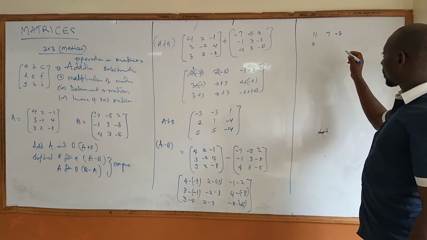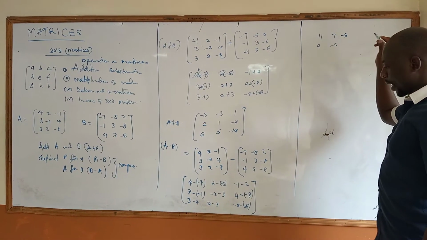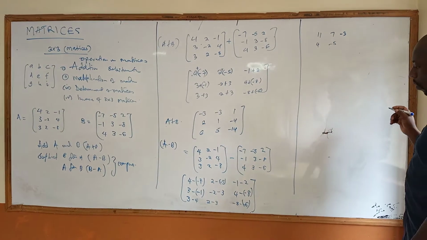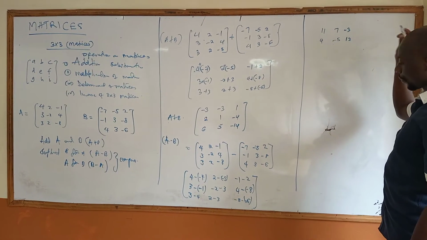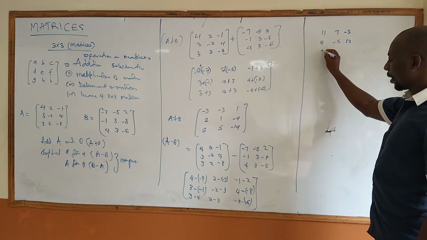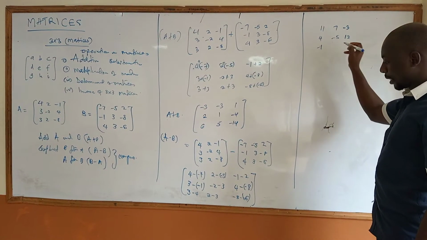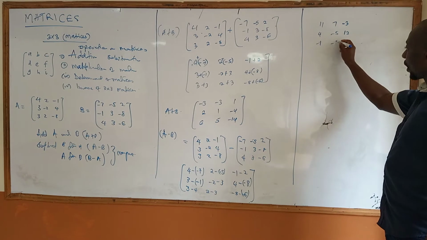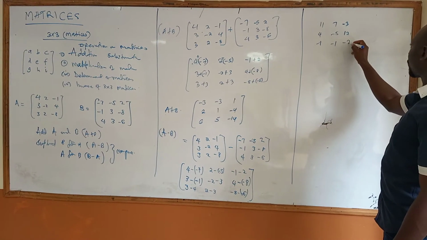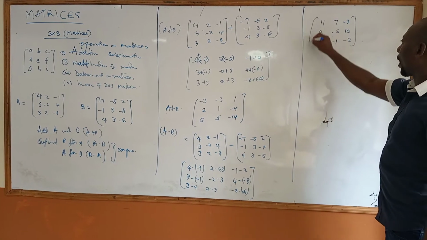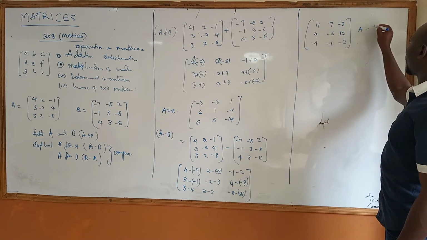Negative 2 minus 3 gives you negative 5. Then 4 minus negative 8 gives you positive 12. Negative 3 minus 4 gives you negative 1. And 2 minus 3 gives you negative 1. Negative 8 minus negative 6 gives you negative 2 in that order. So this one is A minus B.